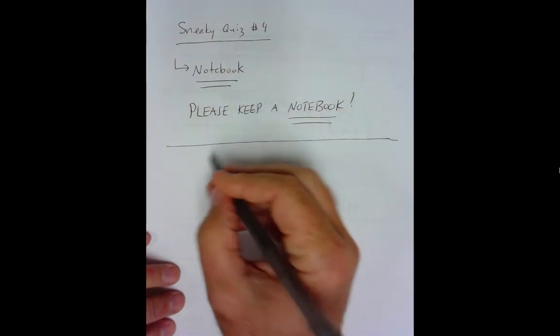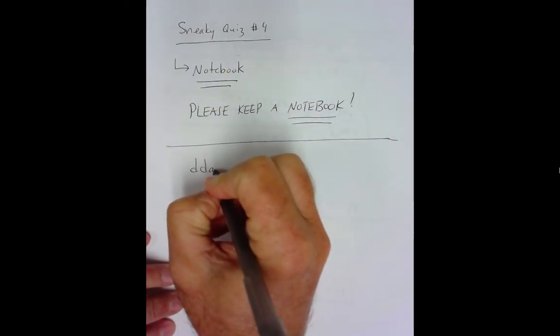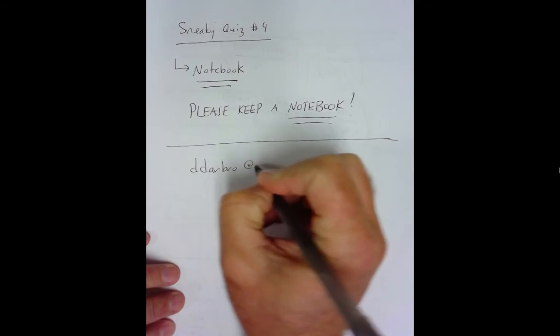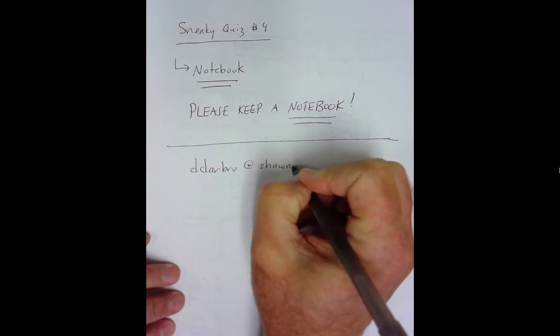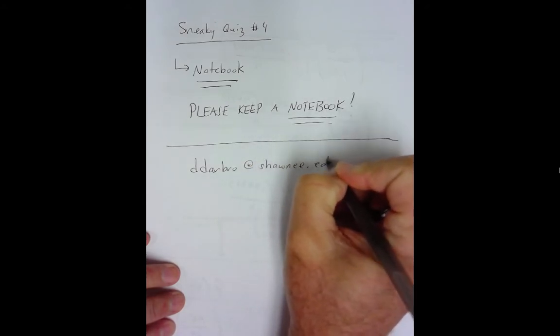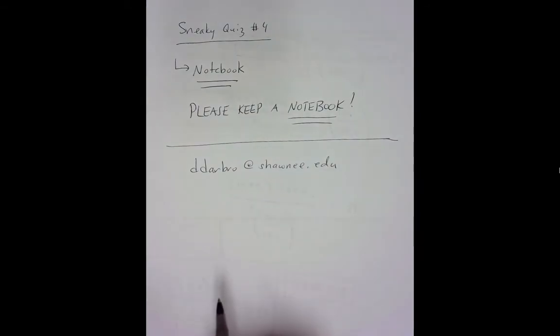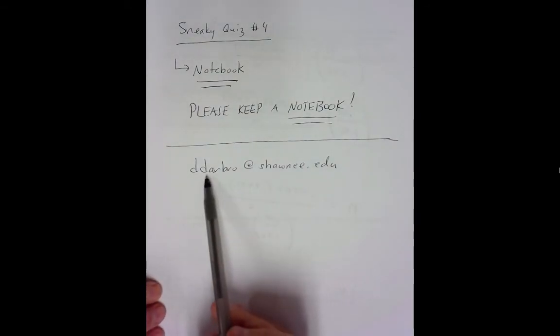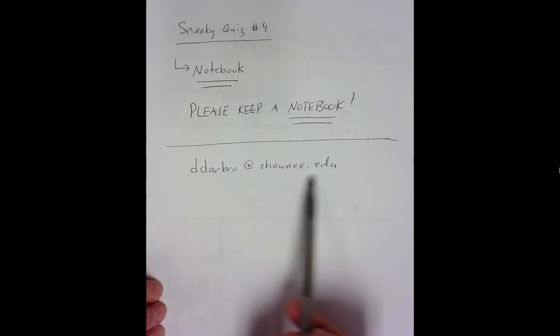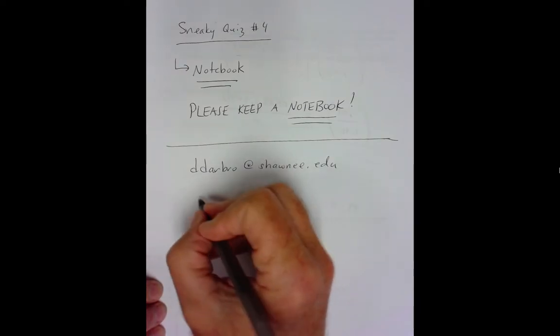Okay, sneaky quiz number 4. Send an email to ddarbro@shawnee.edu. I feel like I just lost half of my man card by telling you all about crying at The Notebook. Okay, anyway, send an email to ddarbro@shawnee.edu.